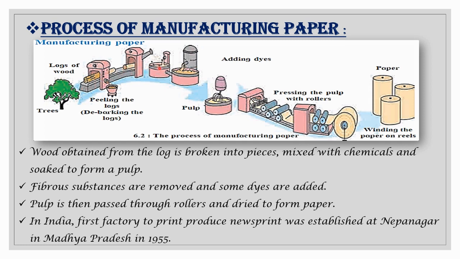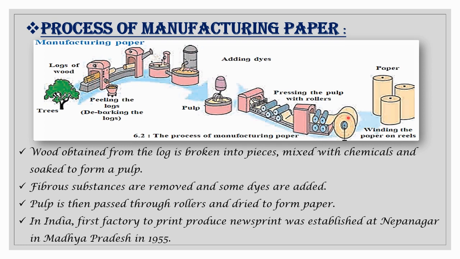Then after completion of the chemical process, the fibrous substances from wood pulp are removed and some dyes are added. Then the pulp is passed through rollers and dried to form paper and wound on reels in the final stage.